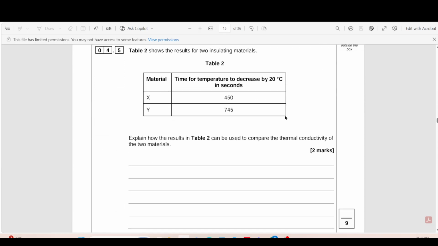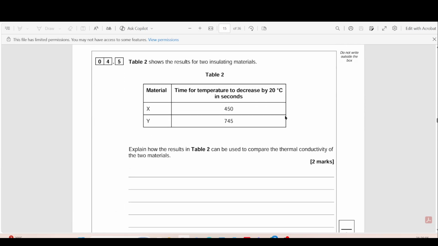Let's look at 4.5 table and try this one. Table 2 shows the results of two insulating materials. Explain how the results in Table 2 can be used to compare the thermal conductivity of the two materials. Material Y is a better insulator.